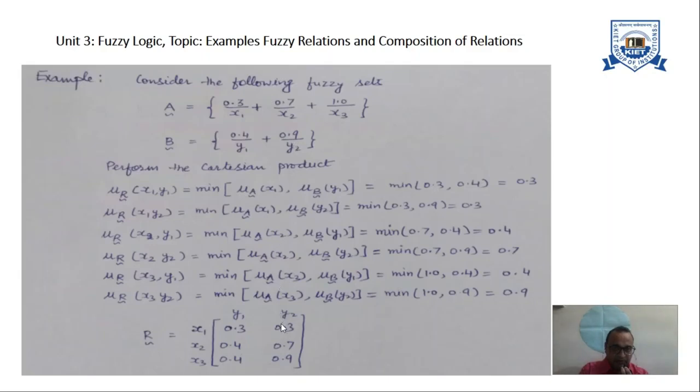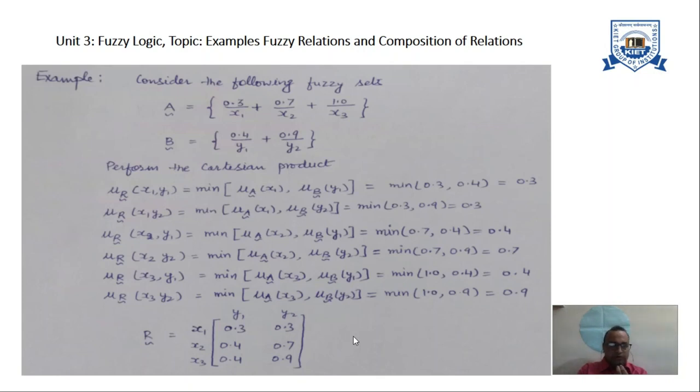For x2 y1 the minimum value is 0.4. For x2 y2 the minimum of the membership values is 0.7. For x3 y1 the minimum value is 0.4. For x3 y2 the minimum membership value is 0.9. So that's the way to make a fuzzy relation over two fuzzy sets.